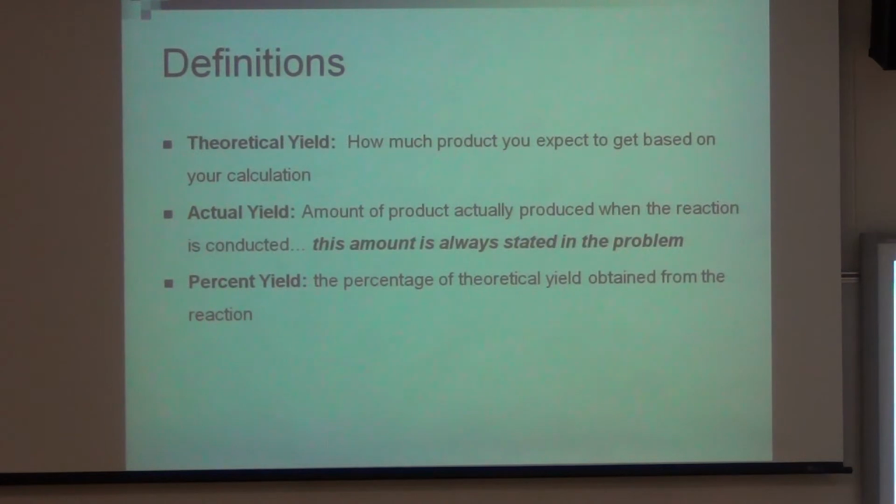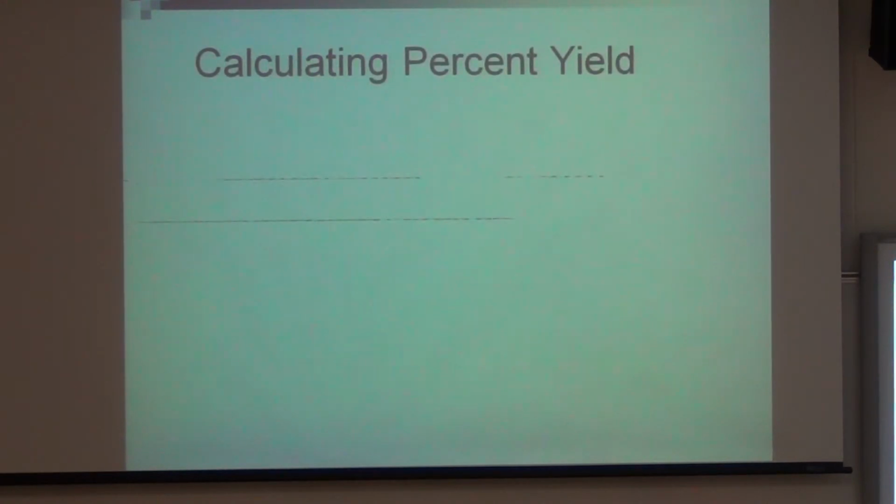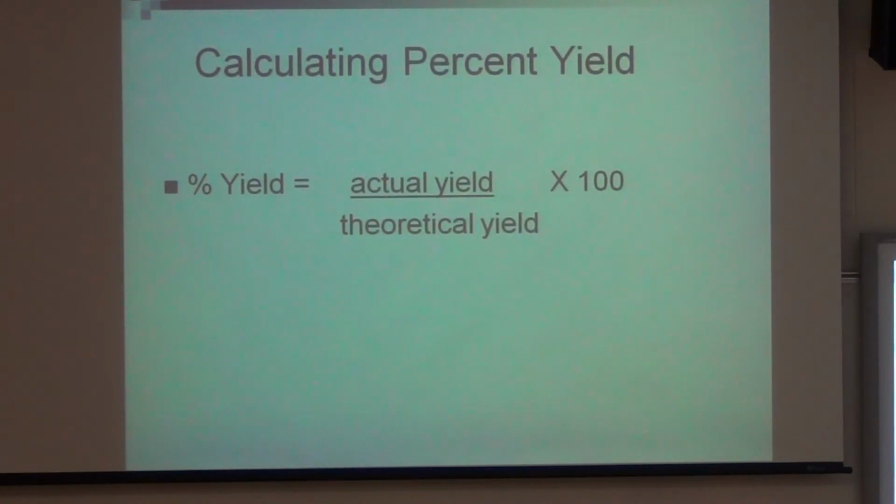So the equation for calculating percent yield is simply actual over theoretical times 100. Sorry, too fast? Too fast, my bad.